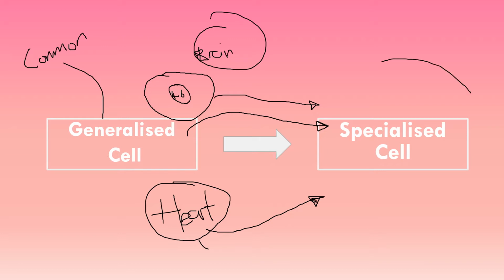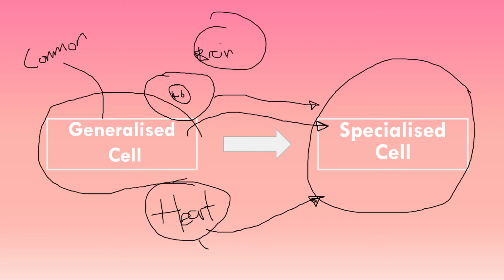So actually, when we look at the structure of a specialized cell, or when we look at the structure of any cell that has a specialized job, you'll see that they're built in completely different ways. The generalized cell is there for us to learn about, to familiarize ourselves with the common components of cells, so that we can identify how certain cells specialize, and that's what this part of the assignment is all about.